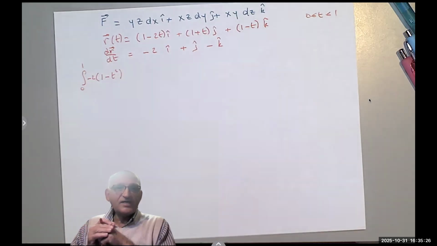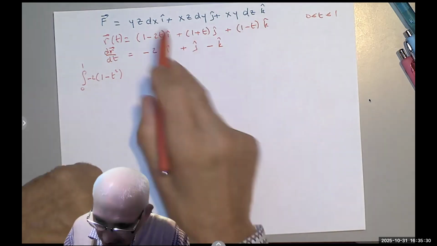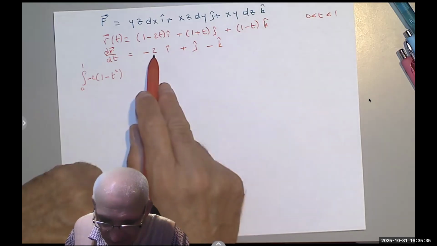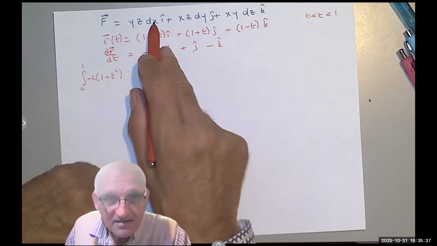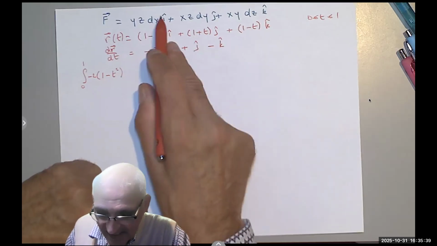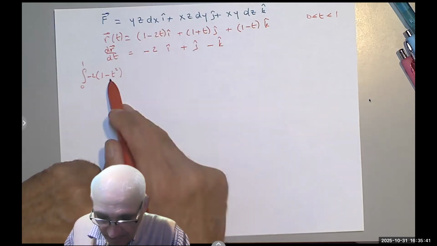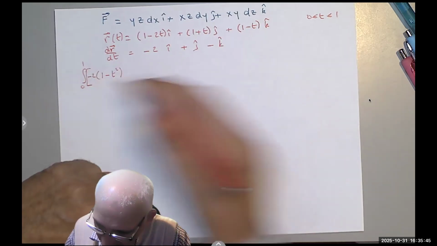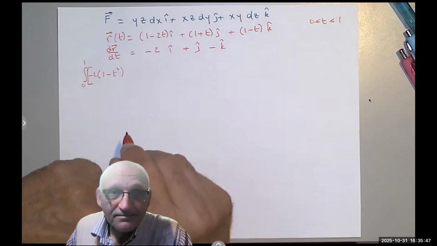And the i dot i would cancel. So that's the dot product. I multiplied the y times the z times the negative 2, which is the dx. But I wrote it as dx/dt, right? And then at the end of the day, I would multiply by dt.